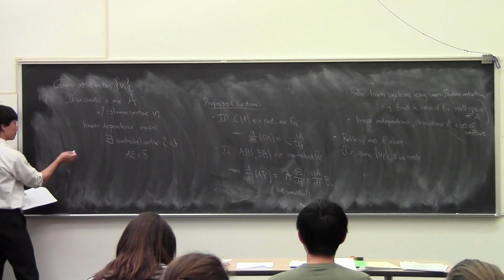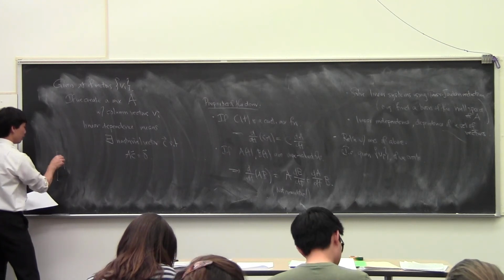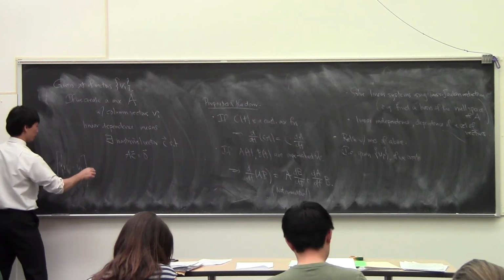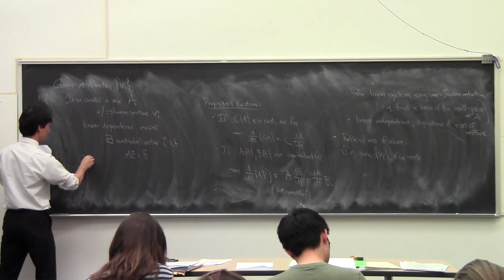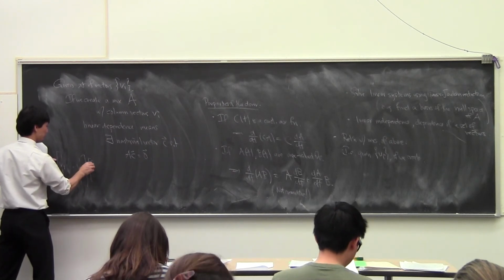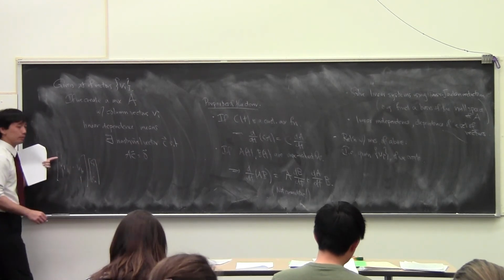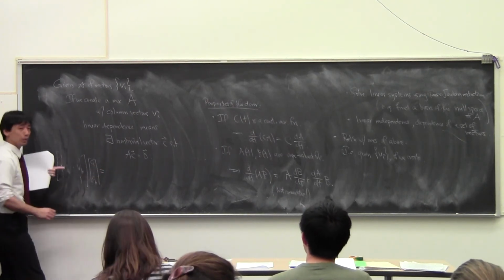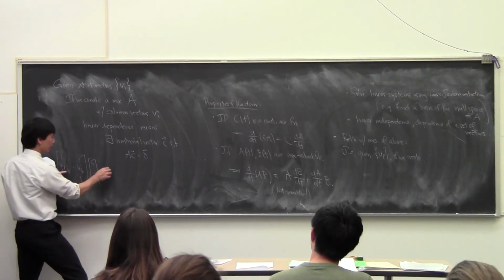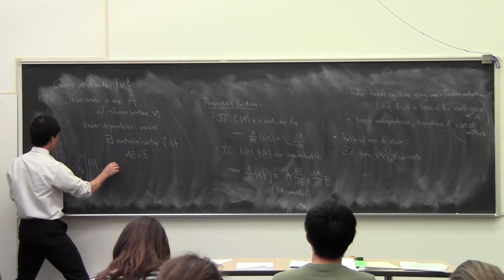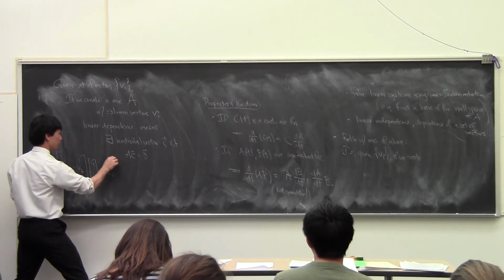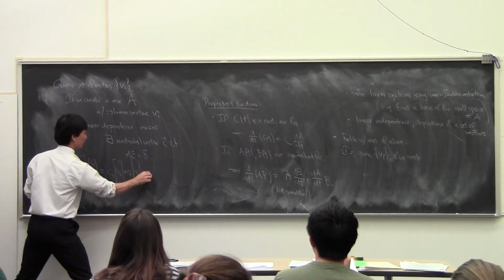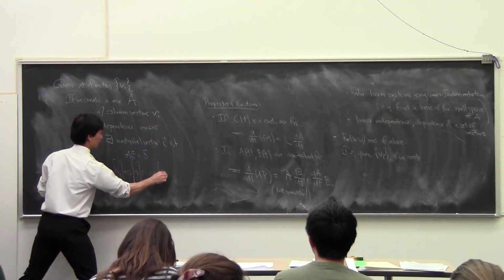Right? Because if you have your matrix v_1 through v_k, say, and you have some vector c_1 through c_k, and you multiply these together, that's the same thing as c_1 times the first column, v_1, plus c_2 times the second column, plus c_k times the last column.